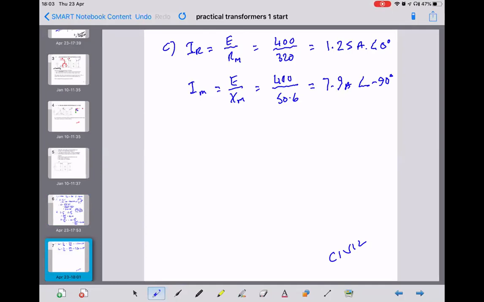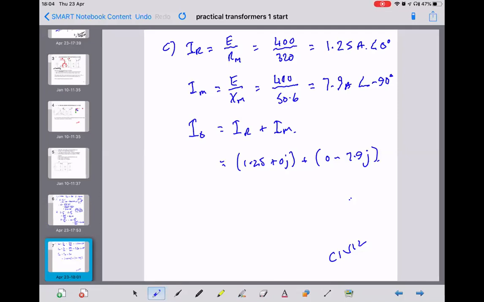So I_O is I_R plus I_M. Agreed? So that's 1.25 plus 0j for the I_R bit, plus 0 minus 7.9j for the inductive part.